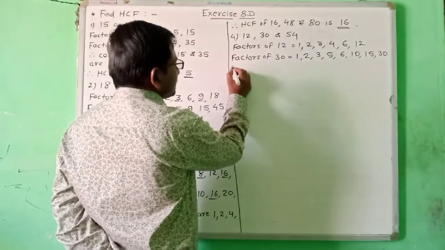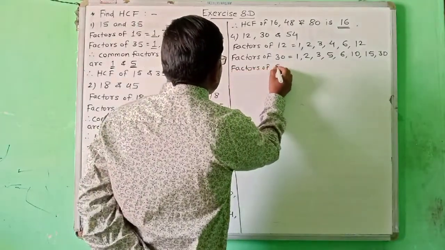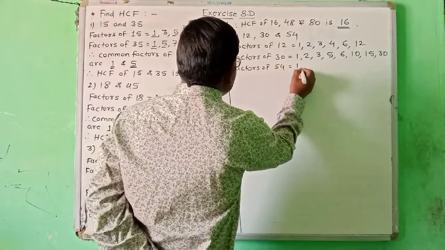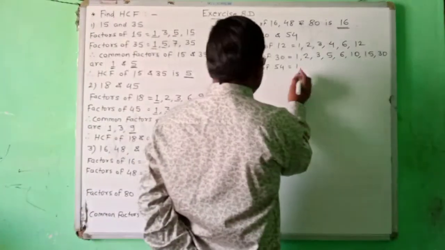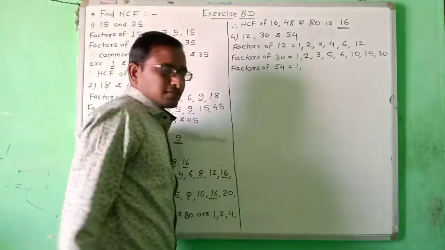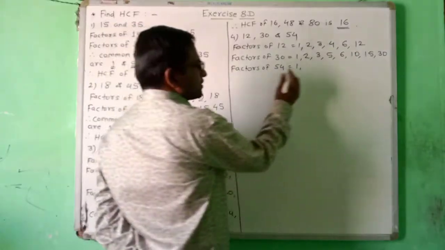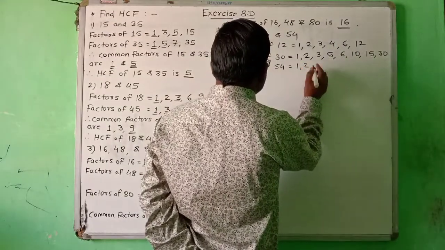Then find factors of 54. 1 is a factor of 54. 2 is a factor of 54, since the unit place 4 is present, so this number is also divisible by 2. 27 2s are 54.